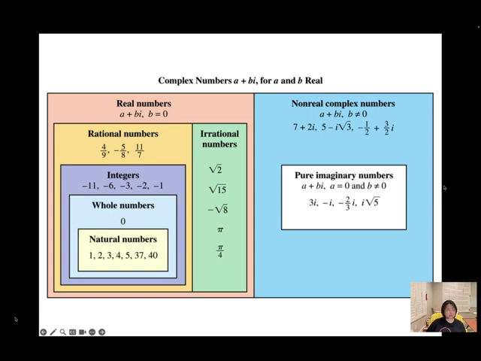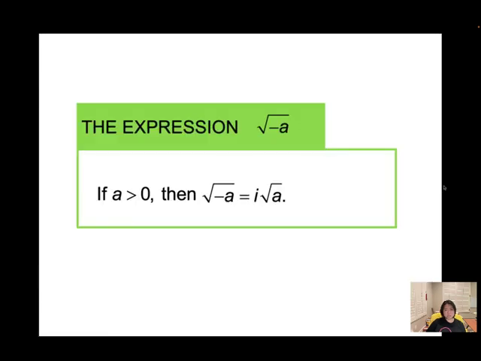Expressions: if a is greater than 0, then the square root of negative a can be rewritten as i times the square root of a. Remember, this is the square root of negative 1 times the square root of a, and the square root of negative 1 is equal to i.